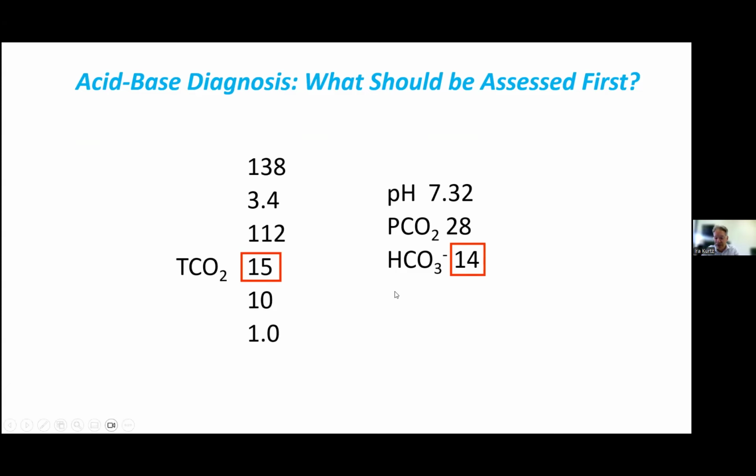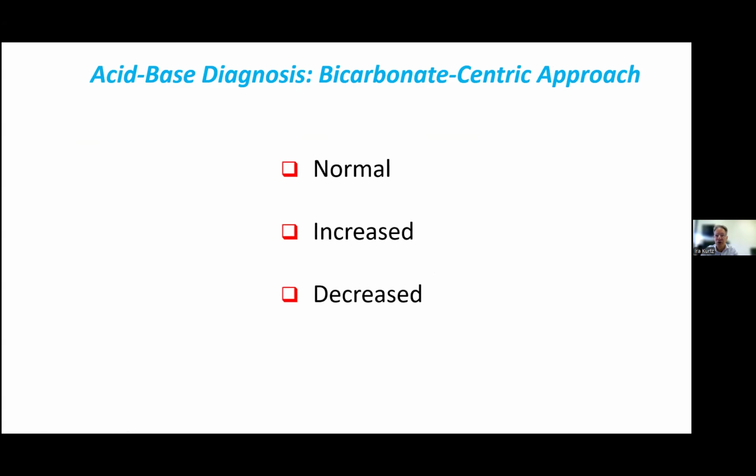You'll never remember the acid-base rules that you have to remember to pass your exams and to make clinical diagnoses accurately. So again, the bicarbonate-centric approach means what it says. It means only look at the bicarbonate or the total CO2 if you don't have a gas initially. And then you ask yourself the following question: is the bicarbonate or total CO2 normal, increased, or decreased?